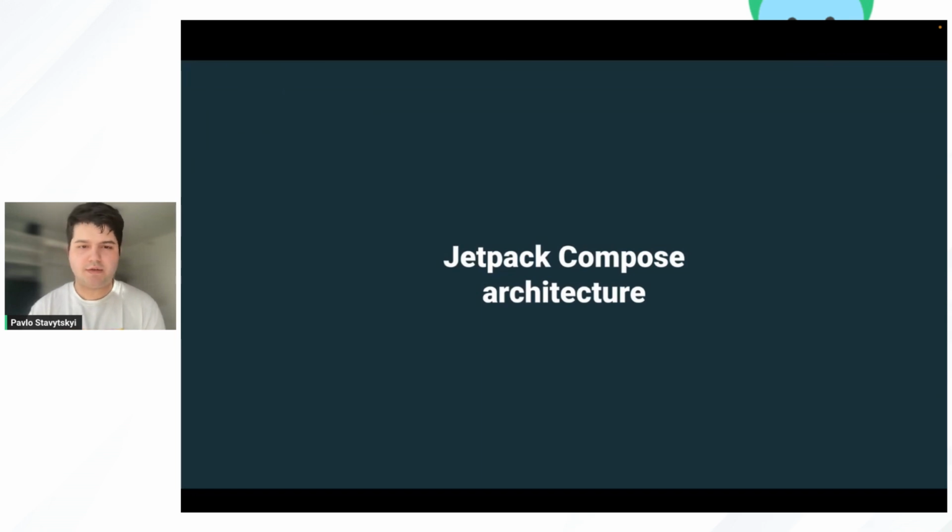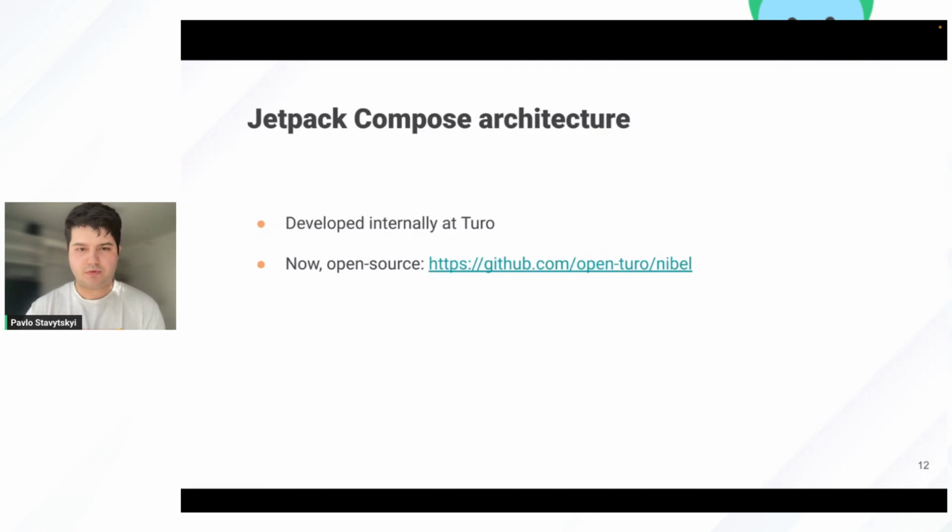So basically how it started at Turo is that we wanted to adopt Jetpack Compose, and we started to develop a new architecture that will work with Jetpack Compose and help the engineering team to start writing new features with Compose. So initially it was developed internally at Turo, but just a few days ago it was open sourced, so you can find it on GitHub as Nibel, which is basically a navigation library that provides a type-safe way for navigating.